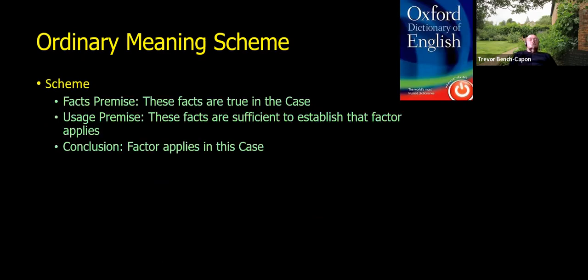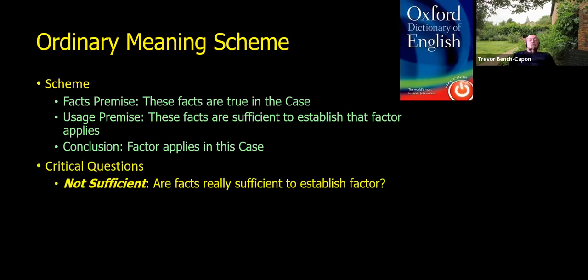Firstly, the ordinary meaning theme. We have a fact premise. These facts are present in the case. A usage premise pointing to the ordinary meaning of a factor, which says that these facts are sufficient to establish that factor applies. And the conclusion is that the factor applies. Critical questions are: are the facts not sufficient to establish the factor, do we want another fact?